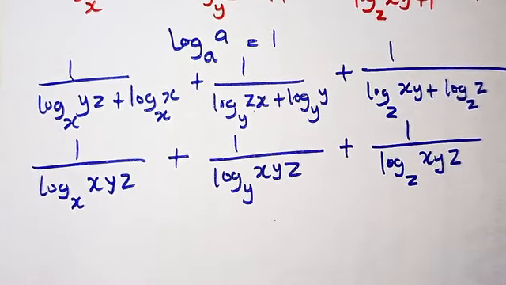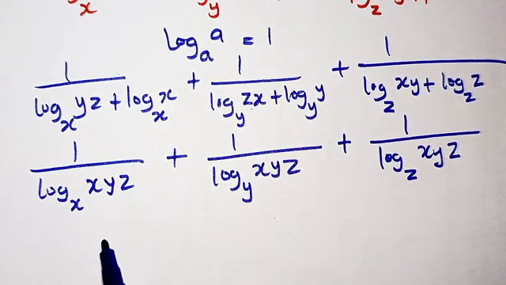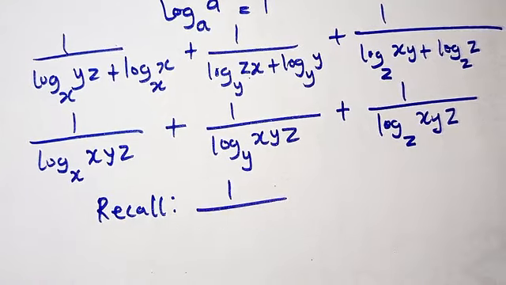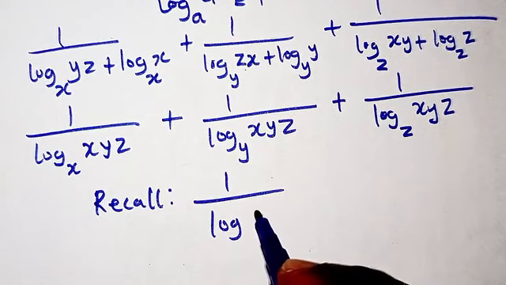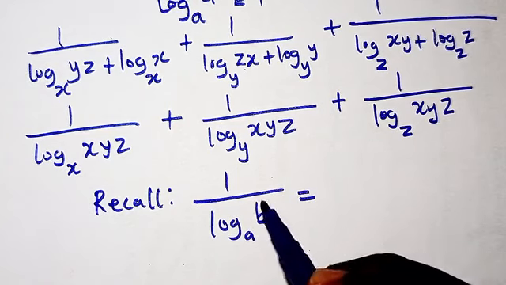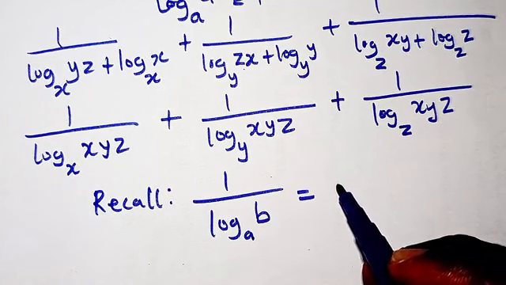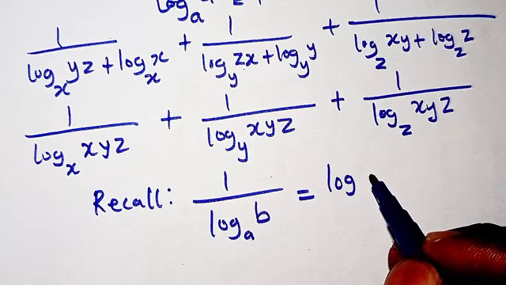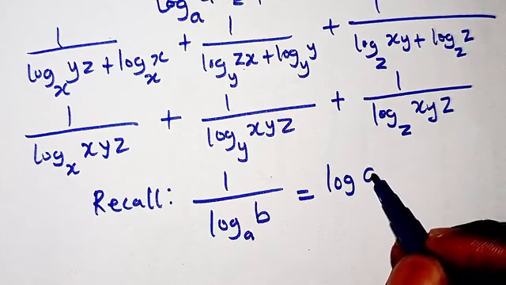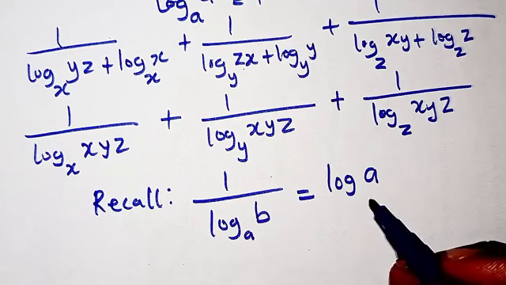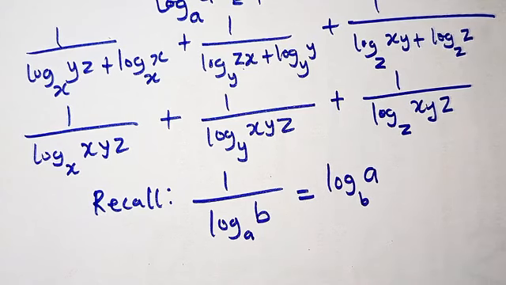The next thing we are going to do, I want you to recall from change of base, when you have 1 over log base a of b, taking the reciprocal, the base and argument interchange. So we're going to have log base b of a.